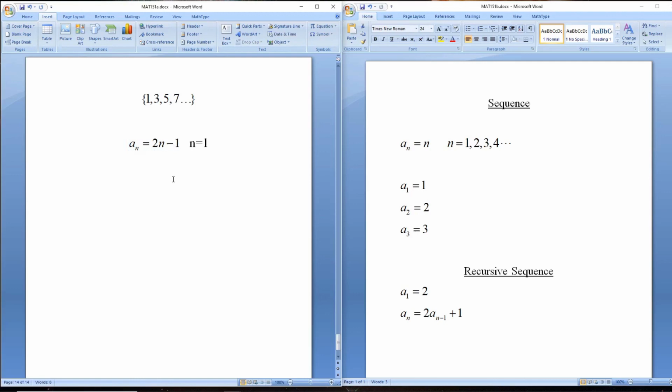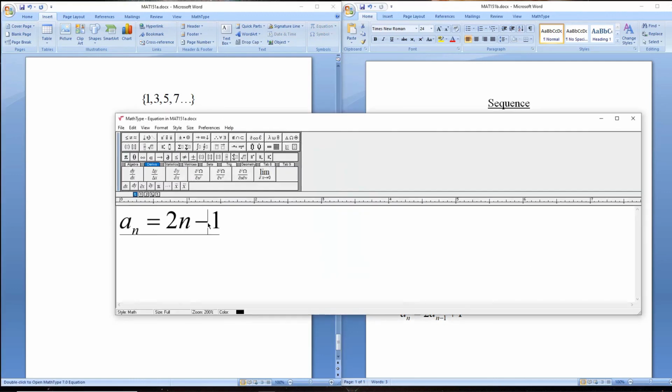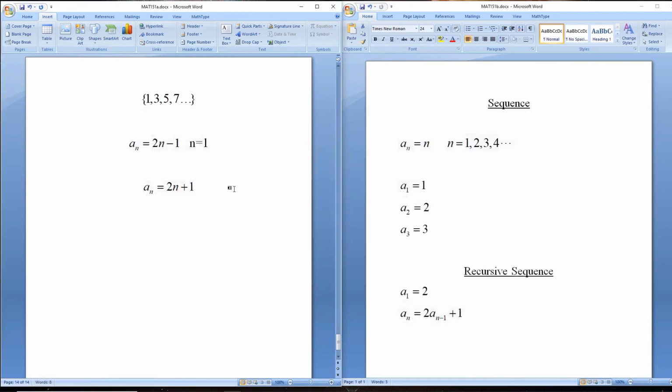Now, just in case you do go to other sources, because it is also common to start at n equals 0. Our book doesn't do that, but if you do go to other sources, it is common also to start at n equals 0. And in that case, 2n plus 1 lists out all of the odd numbers. So this is a pretty important sequence, 2n minus 1, 2n plus 1, because it lists out odd numbers.